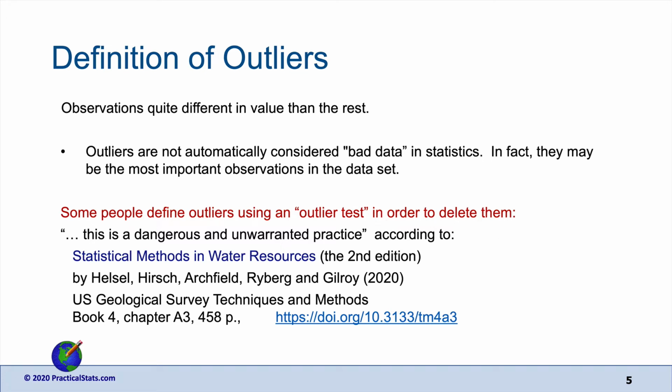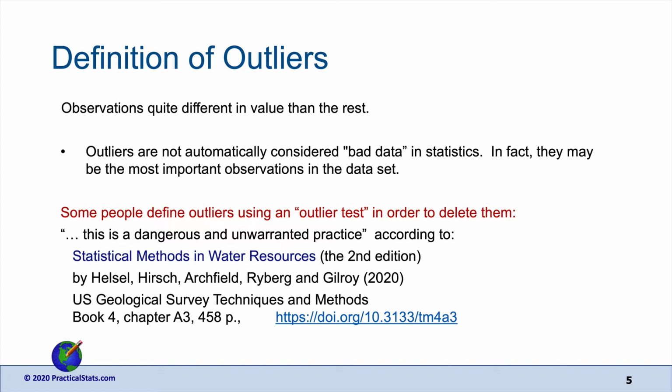If you want a reference for that, you can go to the new version of Statistical Methods in Water Resources. That's the second edition. Came out this year, 2020, by myself, Bob Hirsch, and 3 other authors. It's in the series U.S. Geological Survey's Techniques and Methods. It's Book 4, Chapter A3. You can download it at this URL.